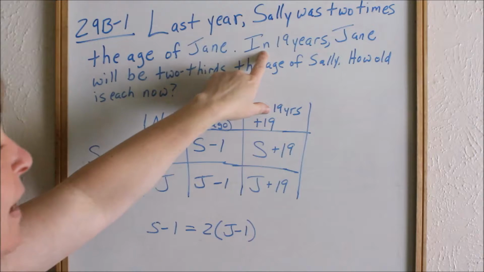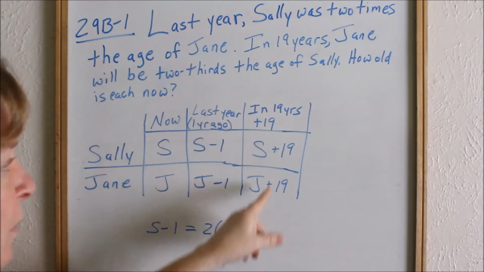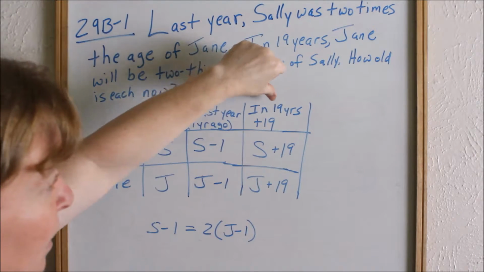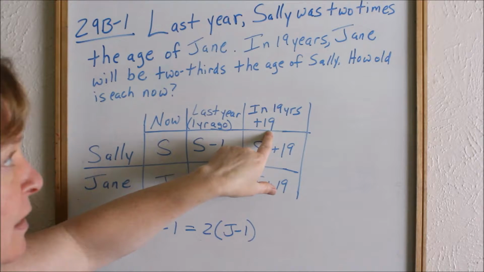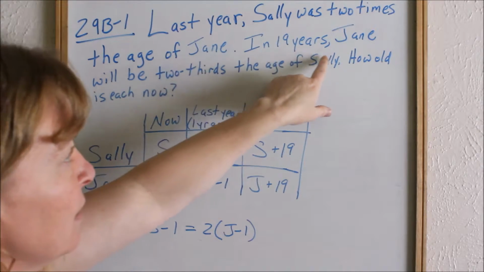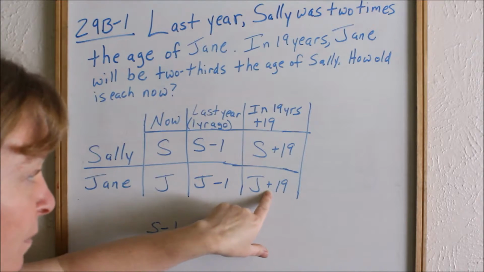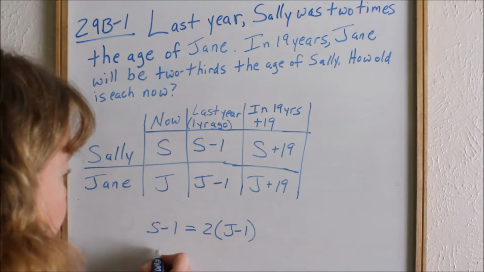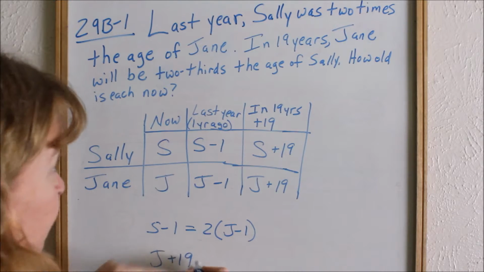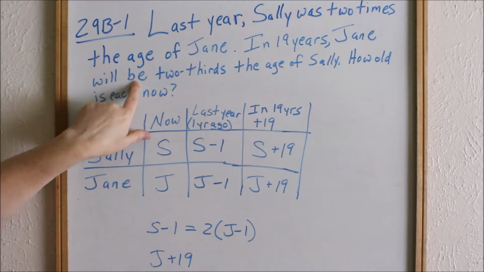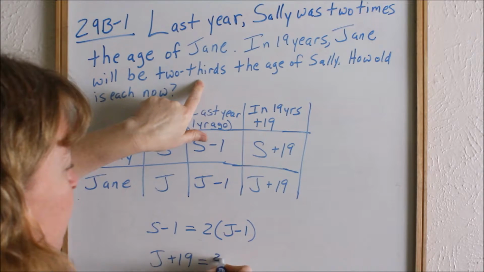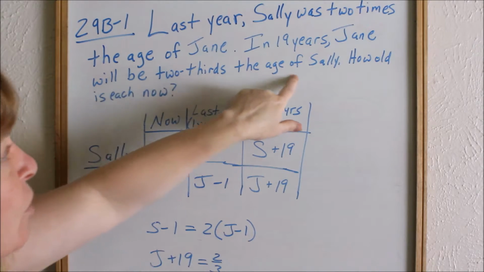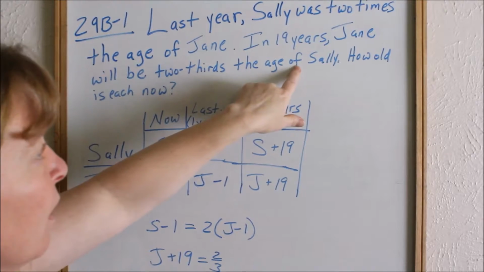Now we're dealing with in 19 years. So we're dealing with their ages in 19 years. So we're dealing with this column right here. In 19 years from now. So in 19 years, Jane, here's Jane, 19 years from now. J plus 19 will be, what do we say will be is? Equals 2/3 the age of Sally. 2/3 of Sally.